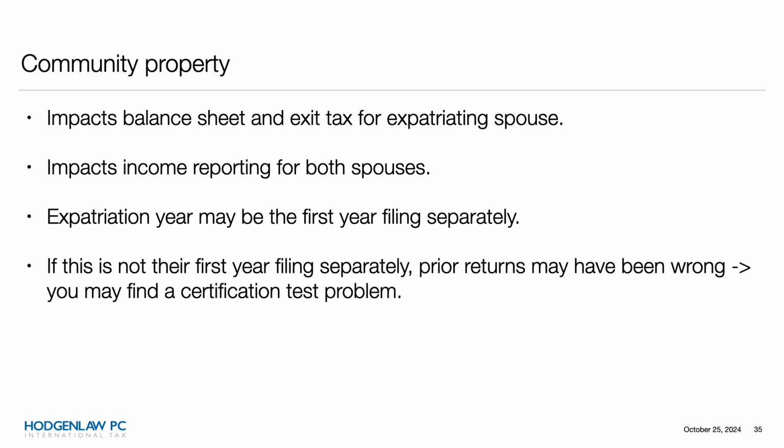And if it's not their first year filing separately, keep in mind that the prior returns may have been wrong in some way, because a lot of times when spouses in community property jurisdictions file separately, they tend to kind of just move income around in various ways that's not necessarily consistent with the laws. And if you find this, you may have a certification test problem. And we'll talk about that a little bit more later on as well.